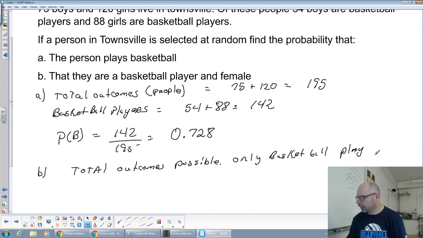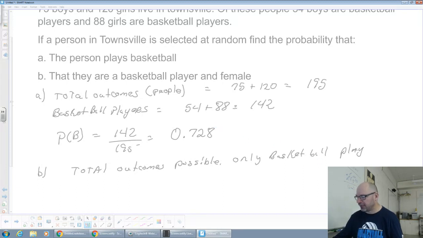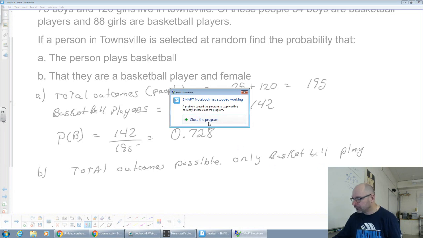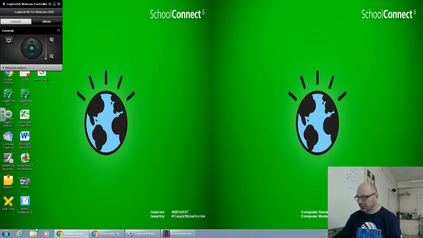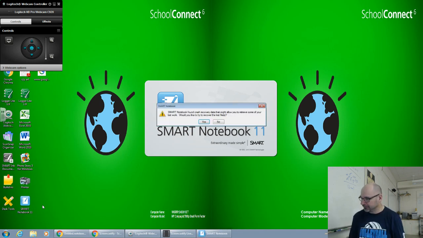Okay. Oh no, it's going to crash. I hate when this happens. Sorry on this one, guys. Hopefully you were taking notes, because this has been giving me problems all day today. Stupid game. It will recover everything except it probably won't recover that last question. So hopefully you were taking notes because I won't be able to post the notes for this video. There was a crash, as you just saw.